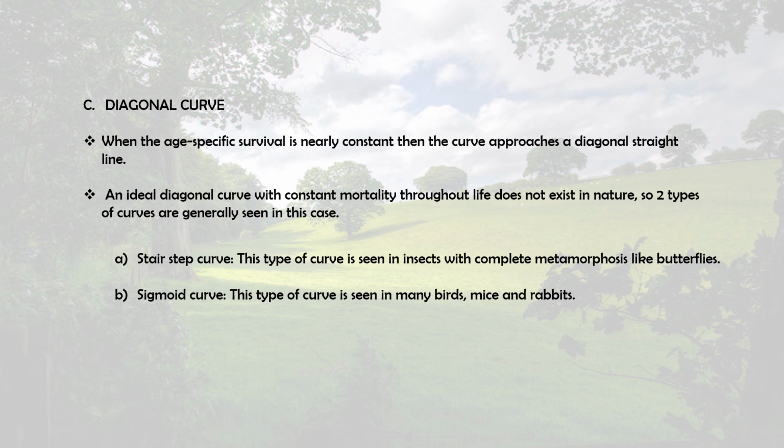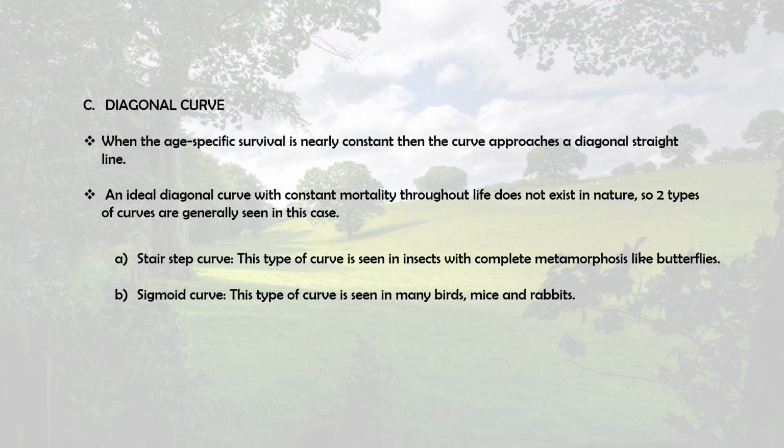But this type of curve is not seen in nature, because constant death throughout the life is impossible. So there are two types of curve under this diagonal curve. First one is stair step curve, and second one is sigmoid curve.